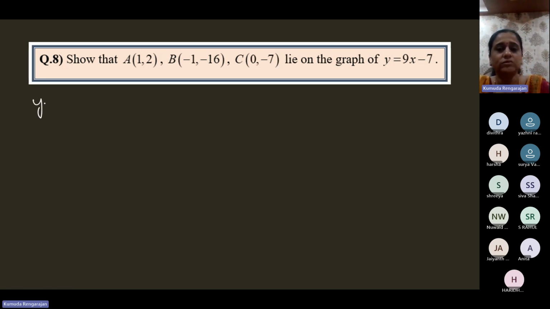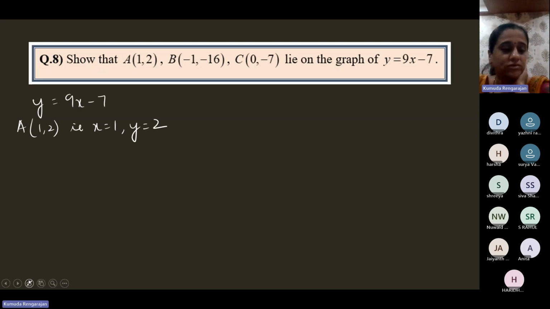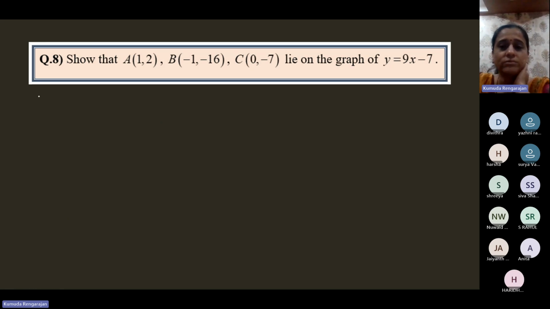So y is equal to 9x minus 7. What is the value of x? A is 1 comma 2. That means x is equal to 1, y is equal to 2. Before this, we'll just put the equation in the standard form. y is equal to 9x minus 7. So we have minus 9x plus y plus 7 is equal to 0.